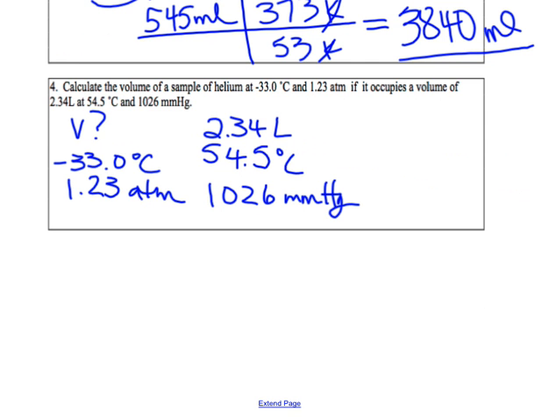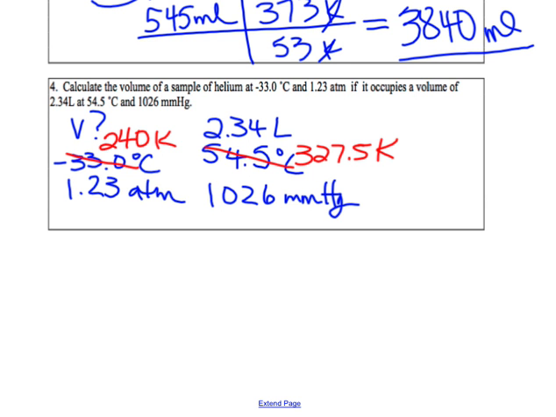One thing is obvious, and that's the temperature we have to fix. Negative 33 to Kelvin is 240. And then 54.5 is 327.5 Kelvin.